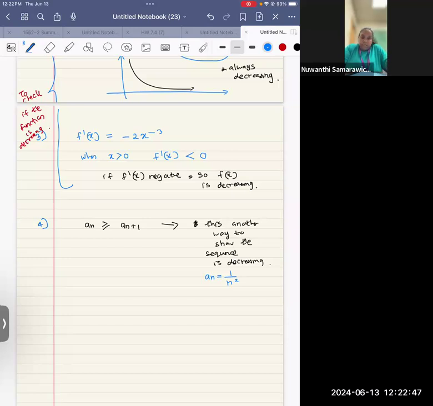We need to check whether this is a true statement. So substitute: a sub n, the n-th term, is 1 over n squared, greater than or equal to 1 over (n plus 1) squared.